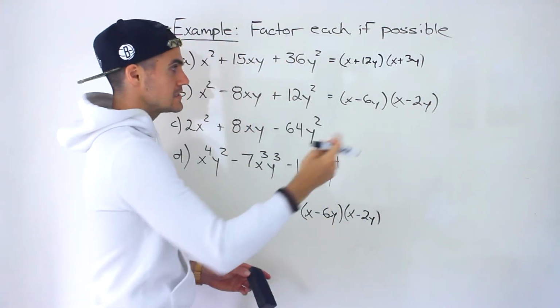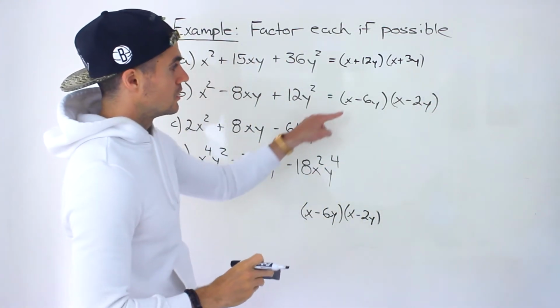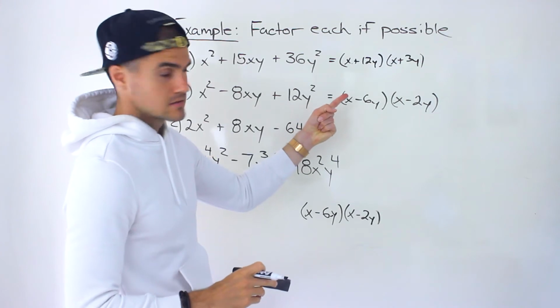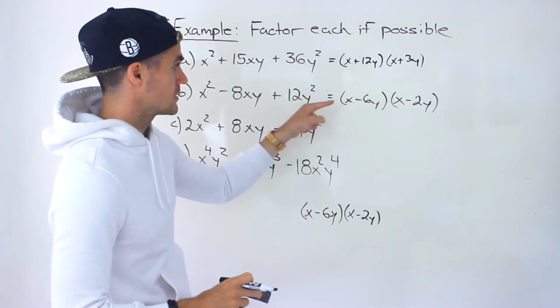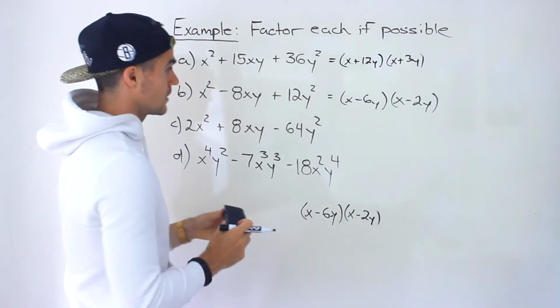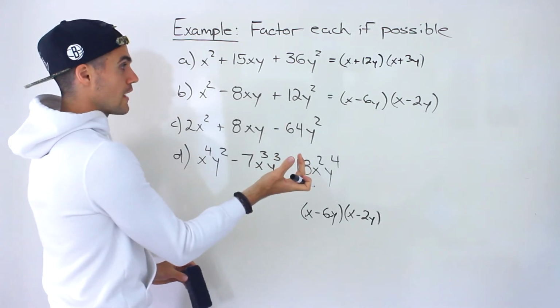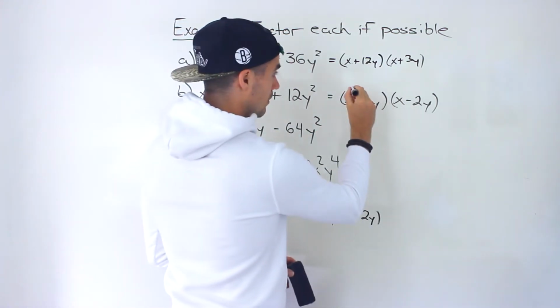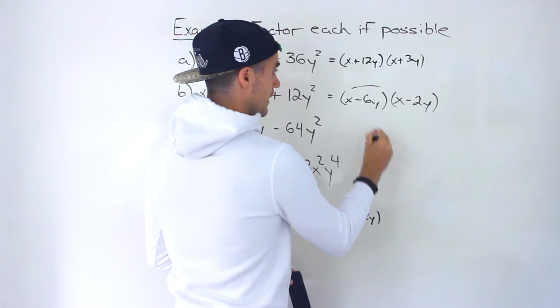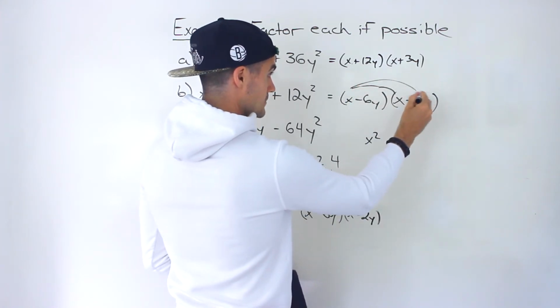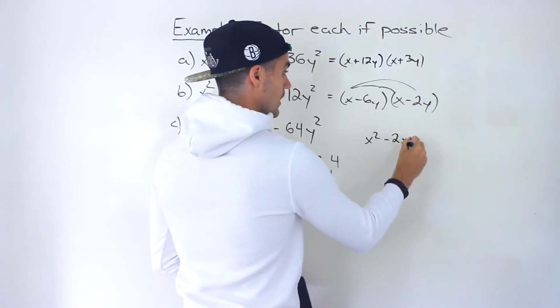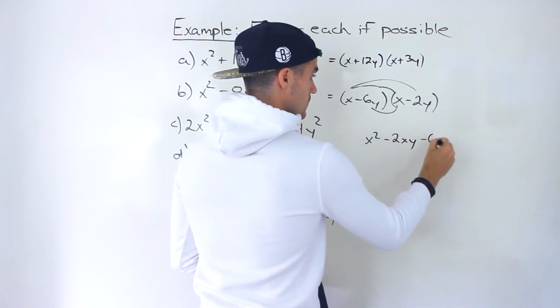And with all of these, I mentioned this earlier, we can expand these, because remember, expanding is the opposite of factoring, to make sure we get that original expression. So if we do it here, I'll do it for this one. So we'll have x squared. x times -2y is -2xy, -6xy.